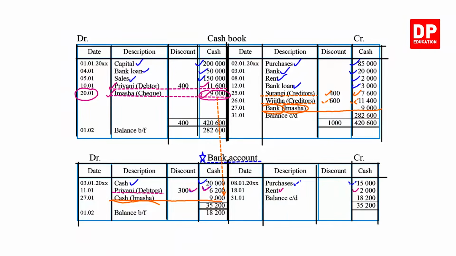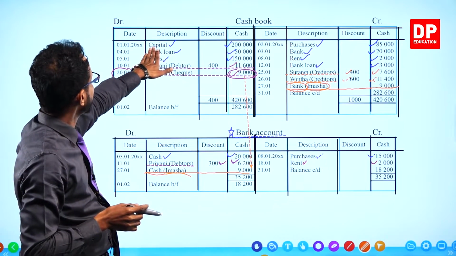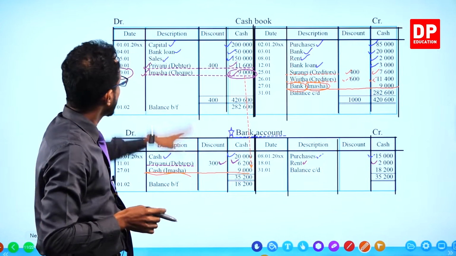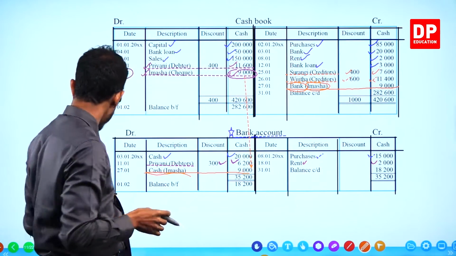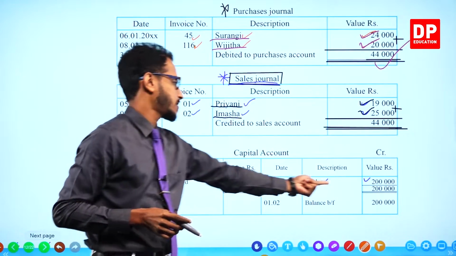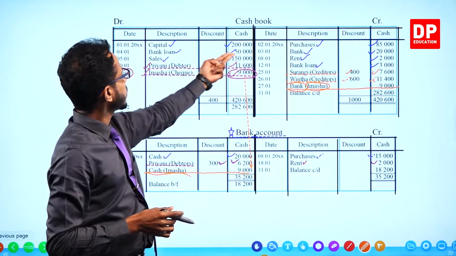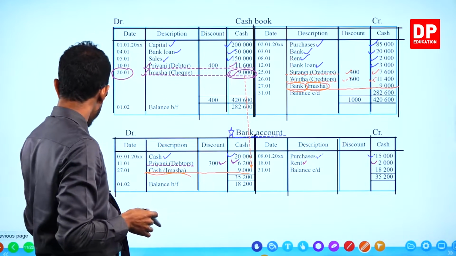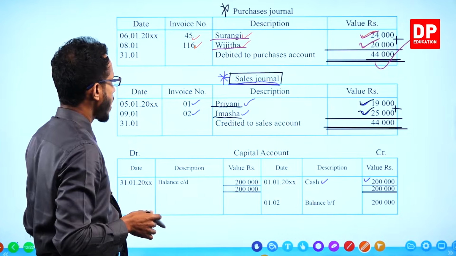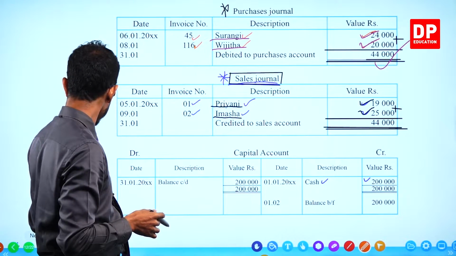From the cash book, did we record all the double entries? When we entered in the debit side capital 200,000, did we enter it to the capital account? Yes. When we recorded bank loan in the debit side, 50,000, did we enter that 50,000 to the bank loan account?